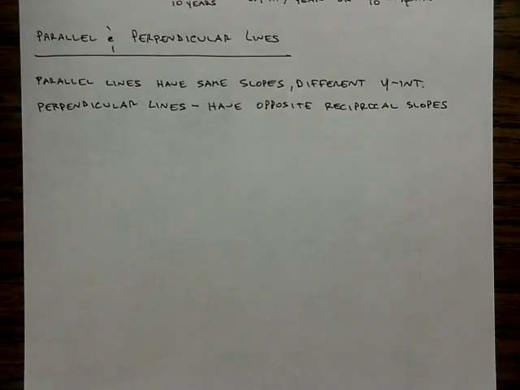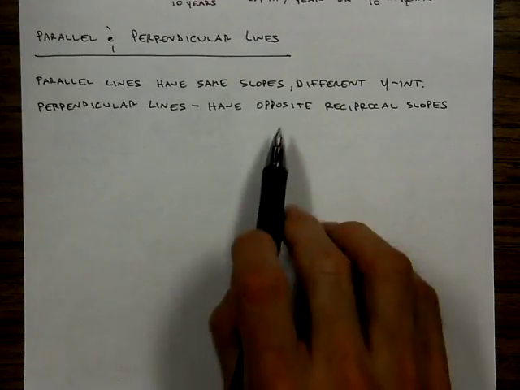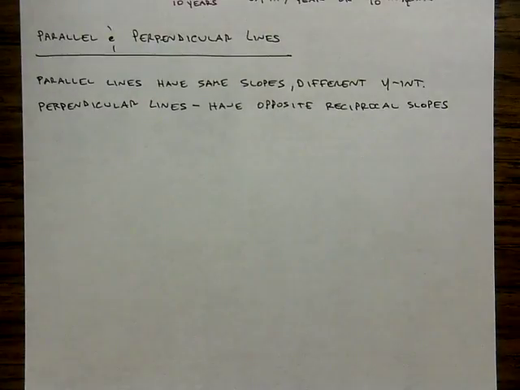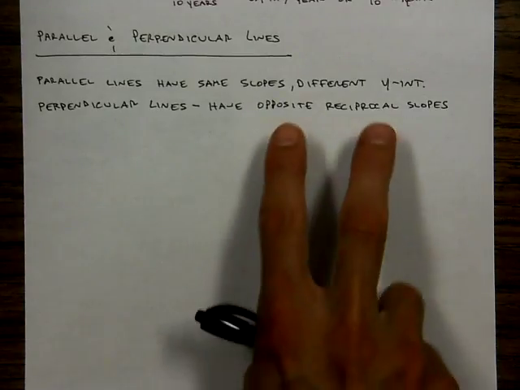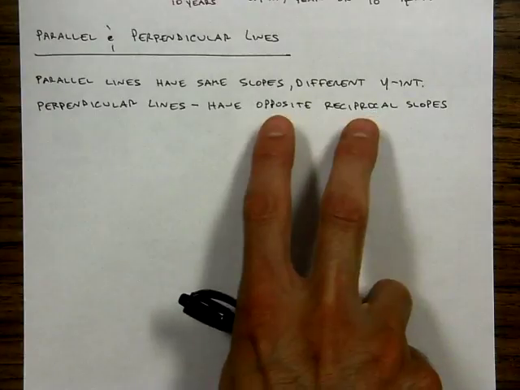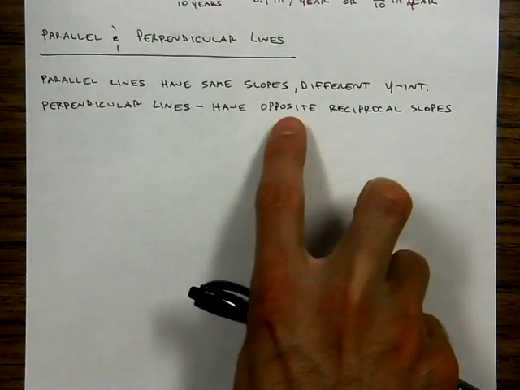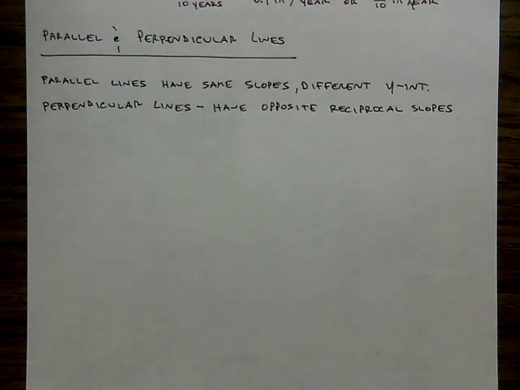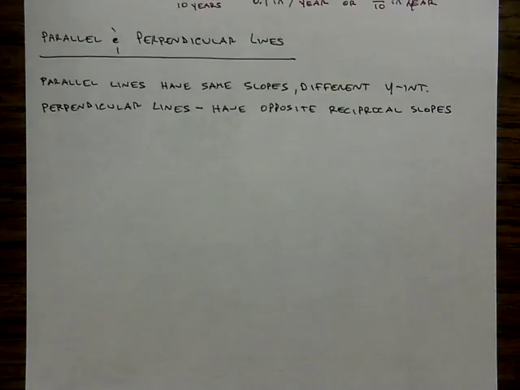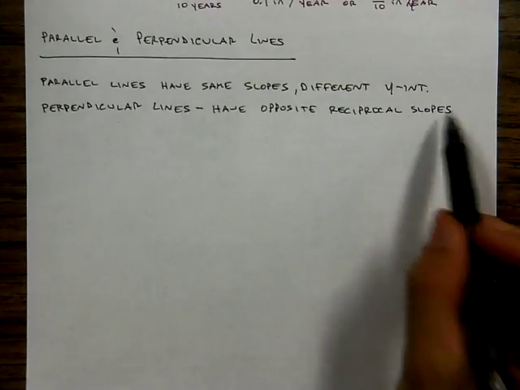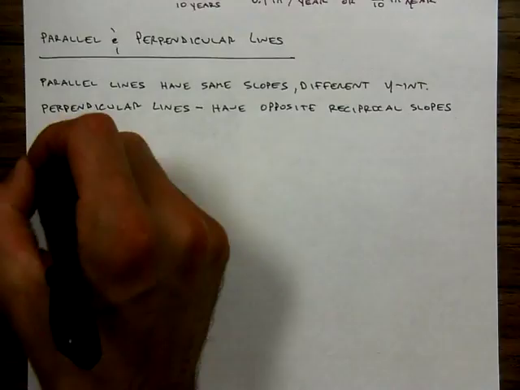Opposite essentially is the same number but a different sign: 5 and -5, 10 and -10, x and -x. Those are opposites. Reciprocal is when I take a number and flip the numerator and denominator. So these are two different things. I want us to make sure that we understand there are two different things going on with perpendicular lines. Opposite and reciprocal are not the same thing, but we put them together for two lines that are perpendicular. And specifically, I'm talking about their slopes.